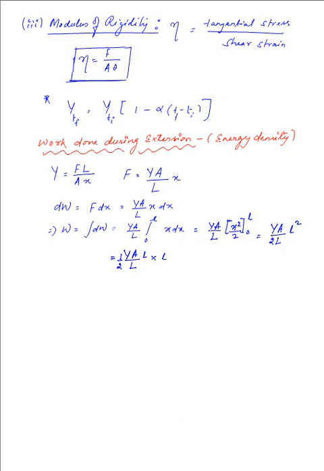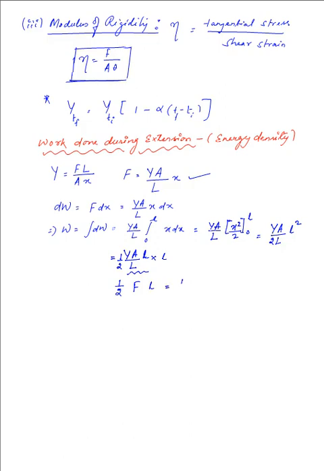This, as you can see, is the expression for the force. The expression is YA divided by L into the extension, which is exactly the case over here with the extension being small l. So this is half of F times l, which is again the extension.